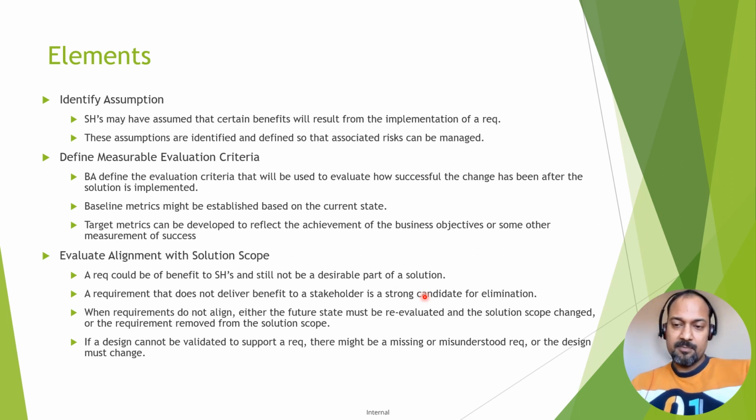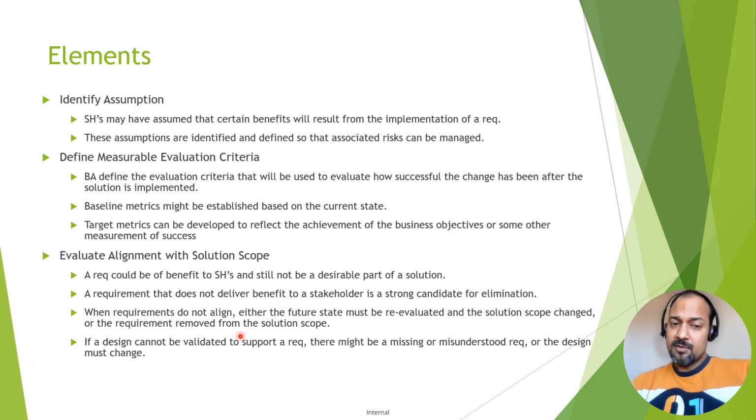Such requirements could or could not be part of the solution scope. It depends upon the negotiating power of the business analyst. A requirement that does not deliver benefit to any stakeholder is a strong candidate for elimination.